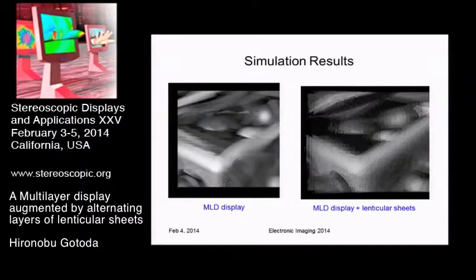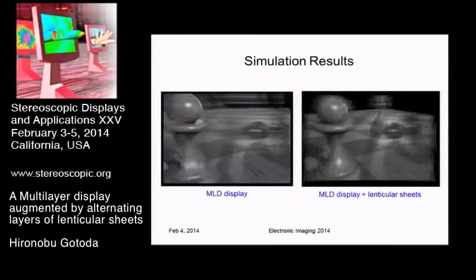Another example is here. In this example, an object is smashing into another object, and such smashing is also visible in the extended version, but the degree of smashing is a bit smaller. And there's a clear distinction between these two images.